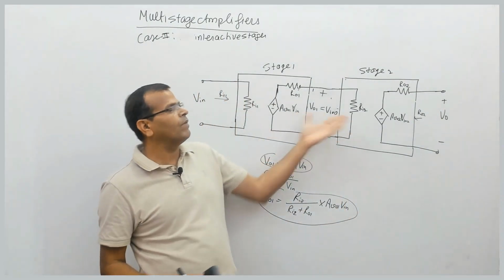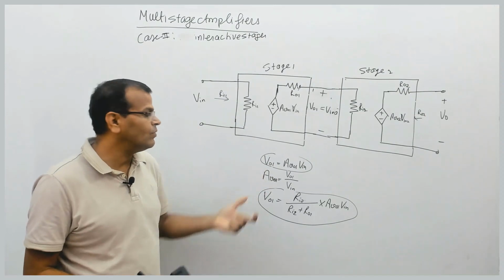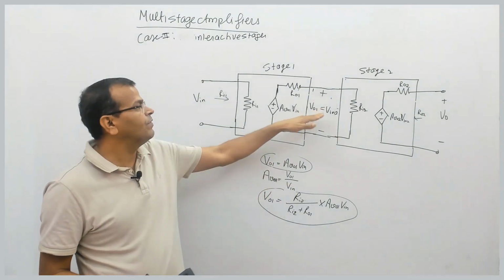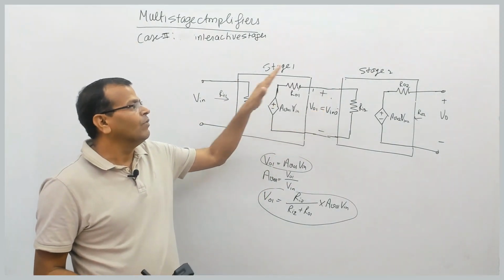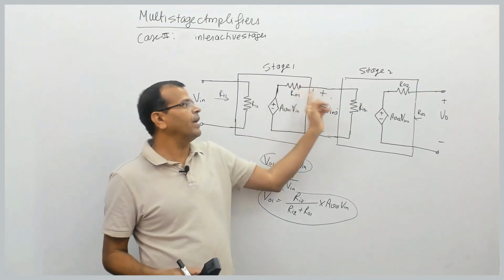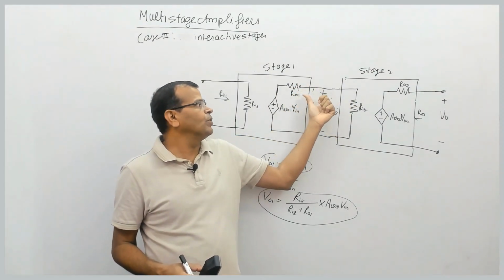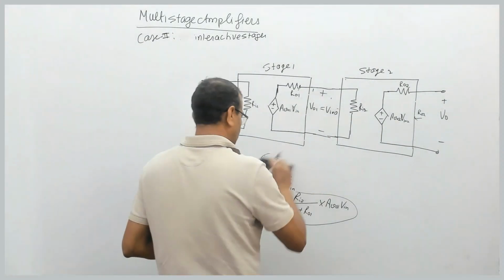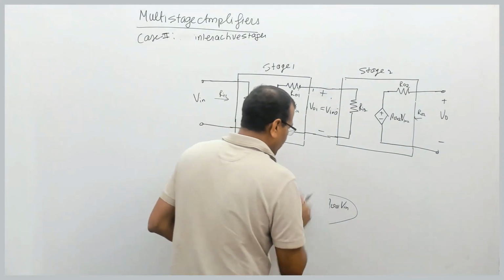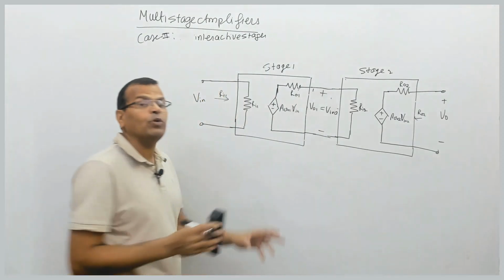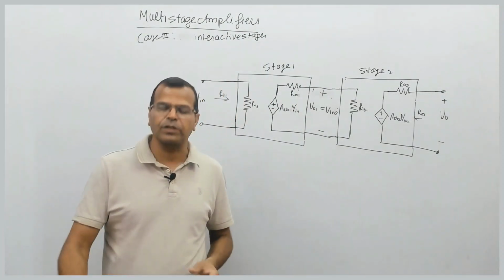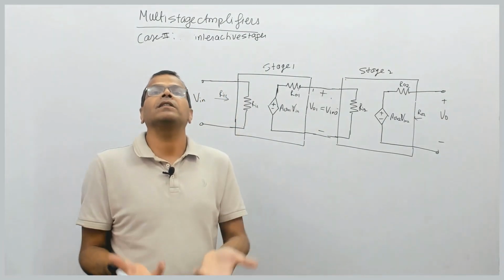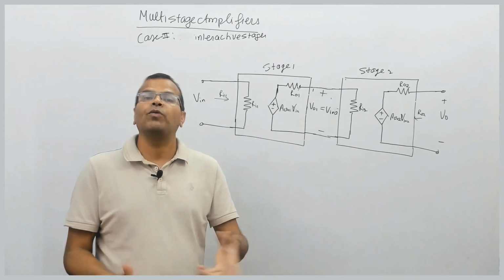So here when these two stages are interactive stages, the output of the first stage will be reduced because of the interaction of the output of this stage and the input of the next stage. Fine. So let us go one by one. I hope you understood the concept of interaction among the stages. The input impedance of the next stage affects the overall output voltage of the previous stage.